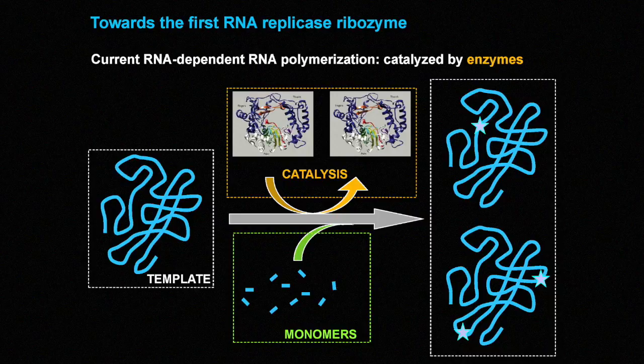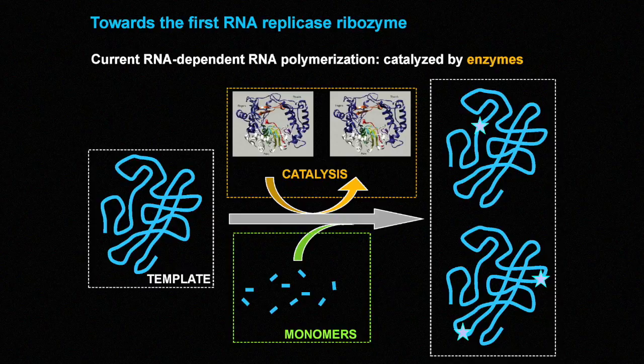You can think about the Schultz-Spiegelman experiment I showed you before. The template, the genome, the monomers, and there is a protein that performs a catalytic activity. It is not affected after the process, but at the end, using these monomers, it performs a template-dependent replication, and two molecules are originated, with some mutations. Look at the image, and now let's move to ribozymes.